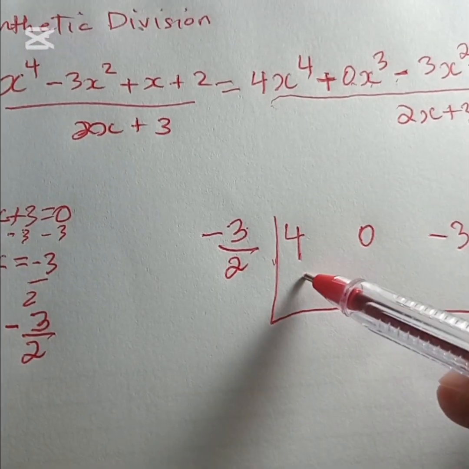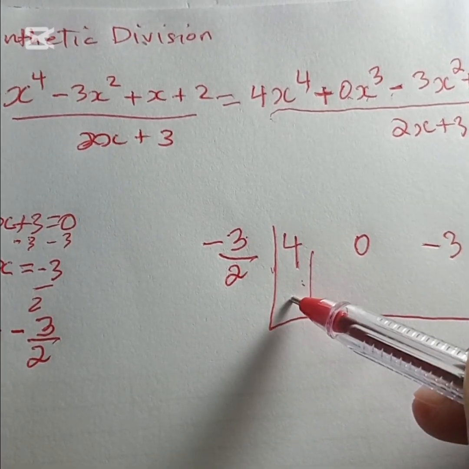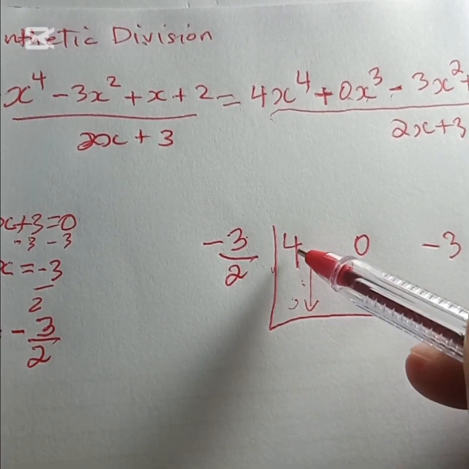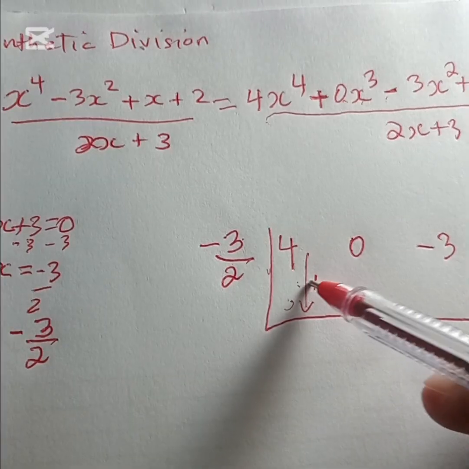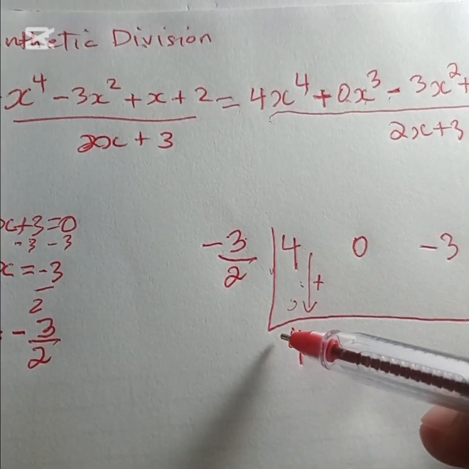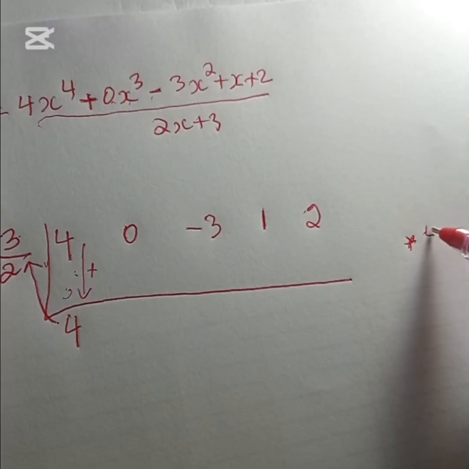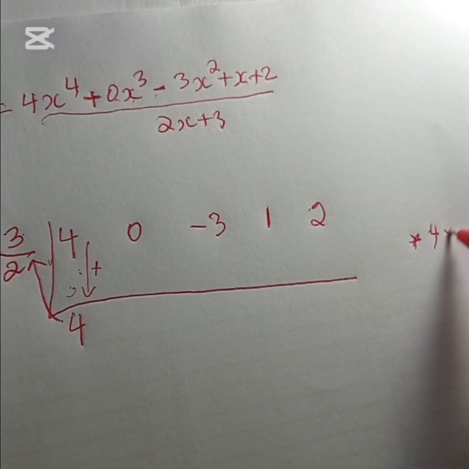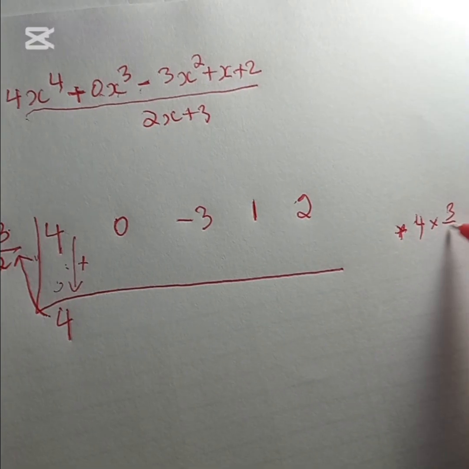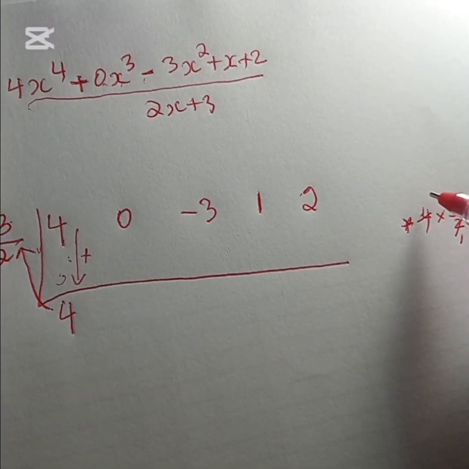Okay, so first we add down. There's nothing here, so that's like 4 plus 0, which is 4. And then we go 4 times 3 on 2, which is 4 times 1.5. I like it in fraction form, so I can easily cancel.